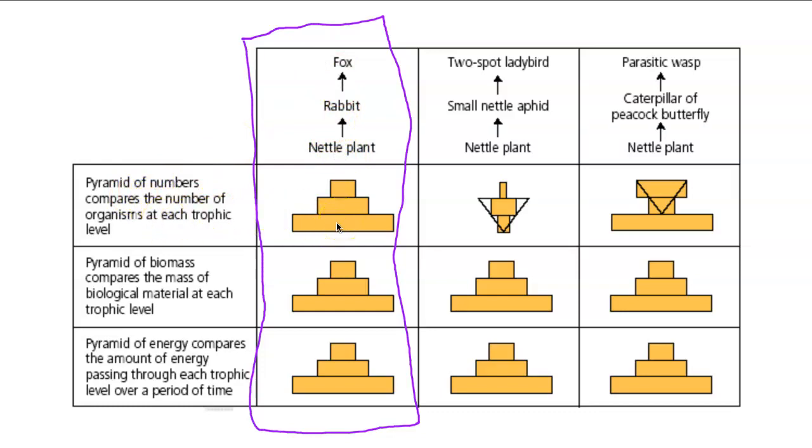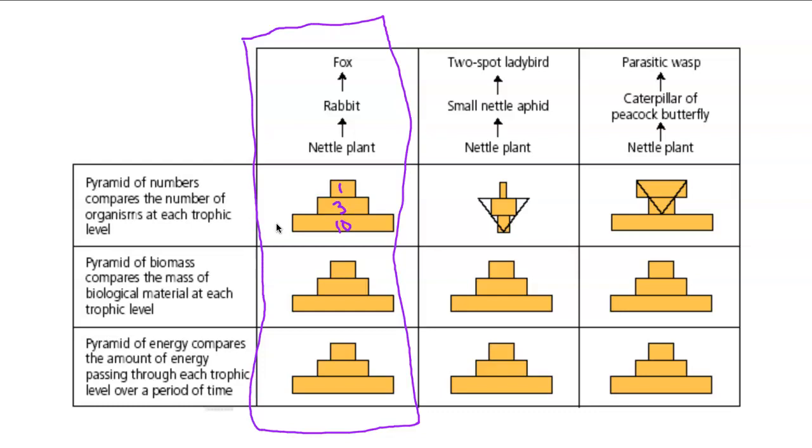So for example, if that meant that there were 10 nettle plants, that's a really big box for that. And say maybe there are 3 rabbits and only 1 fox. Okay. So the bigger numbers on the bottom, next smallest, and the smallest at the top. That's what I mean by the actual amount of organisms. So like attendance, I count 10 nettle plants, I count 3 rabbits, and I count 1 fox.